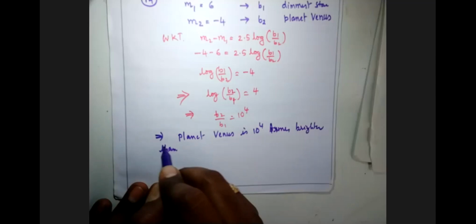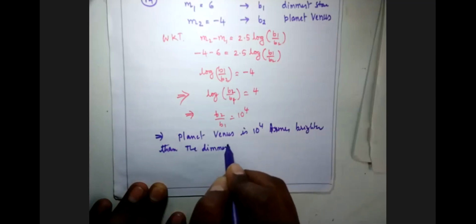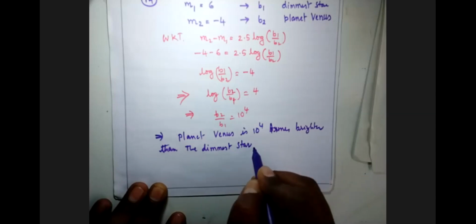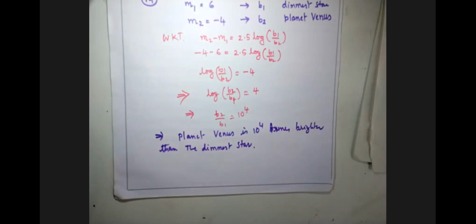So we can conclude that the planet Venus is 10 to the power of 4 times brighter than the dimmest star.